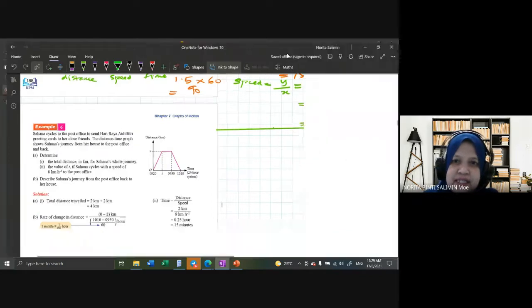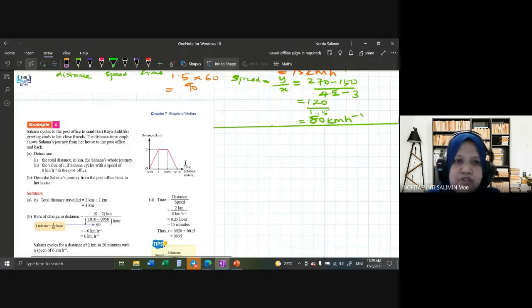Okay, this is Sana's journey. From her house, Sana goes to the post office. Then at this time she is at the post office.